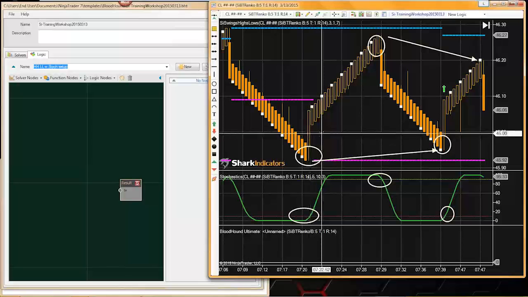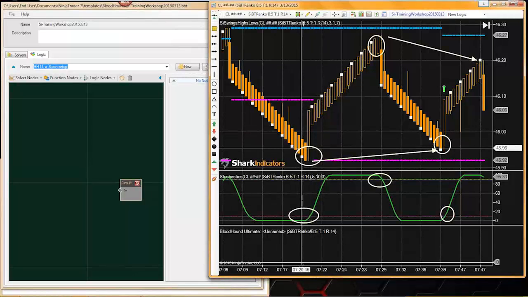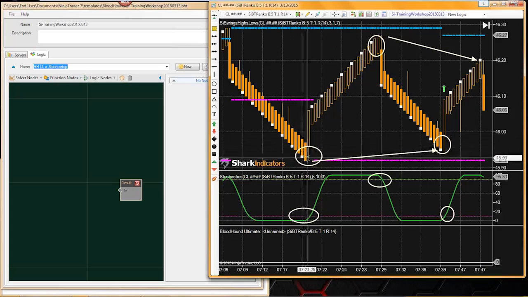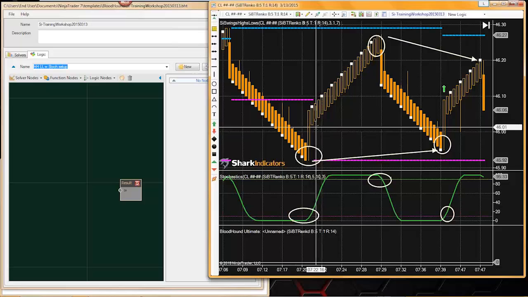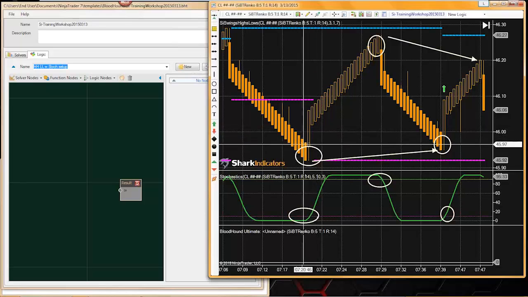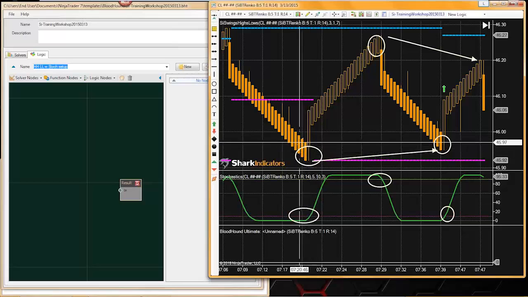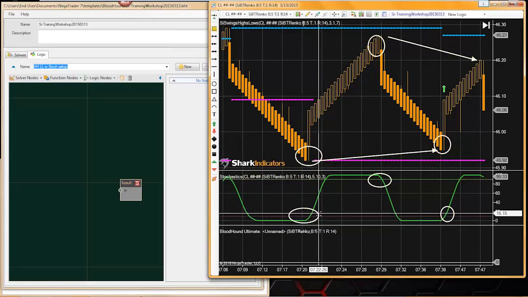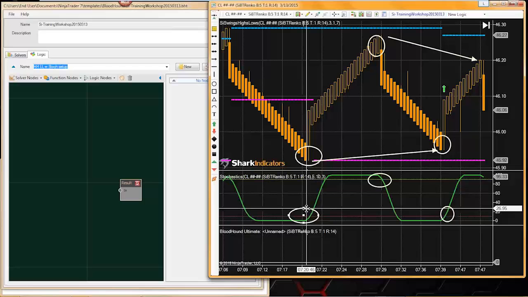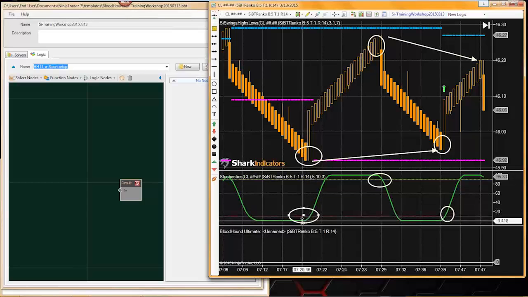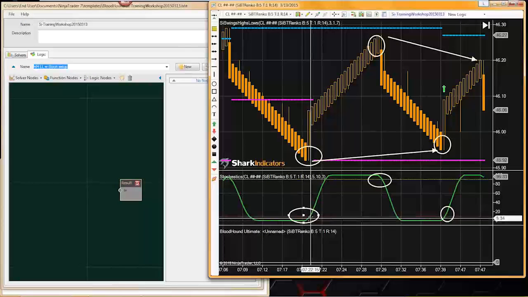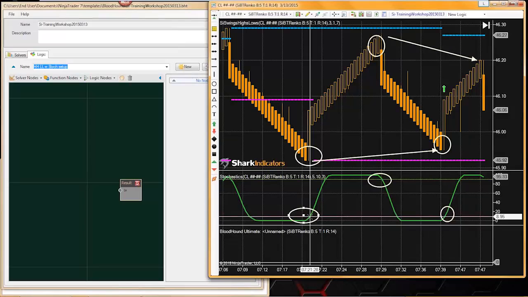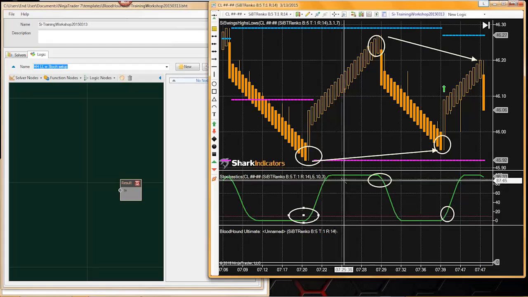This makes it easier for the set of conditions to be built as well. We're going to use the price inflection to detect when price is reversing, and we're going to use the crossover to detect when the stochastic is crossing the oversold 10 threshold and the overbought 90 threshold there.